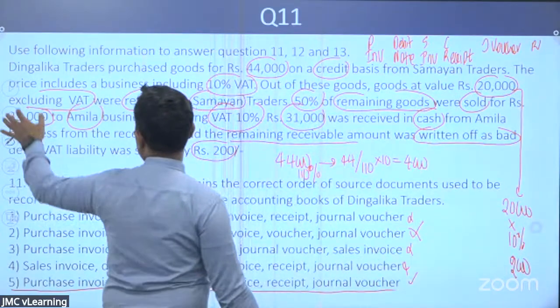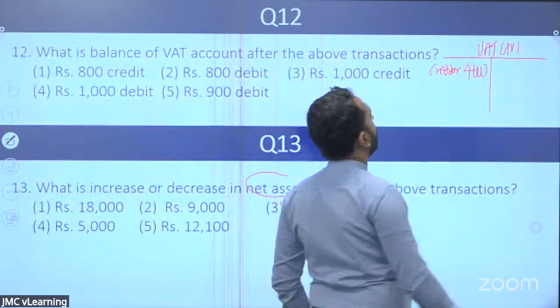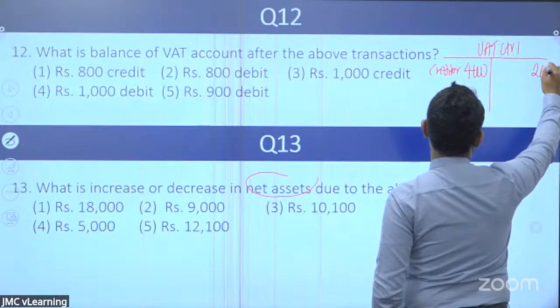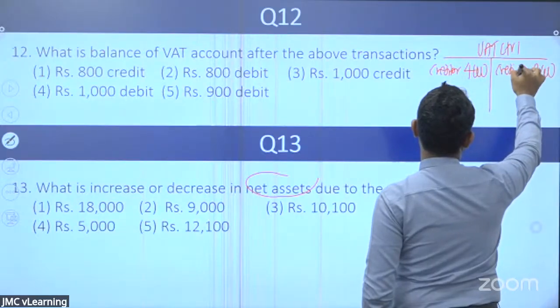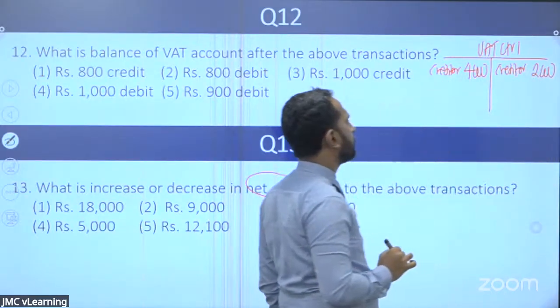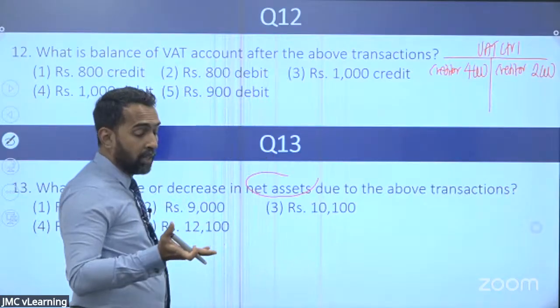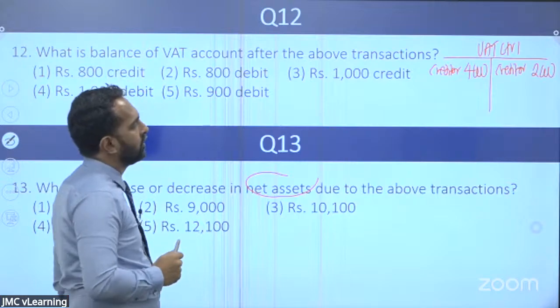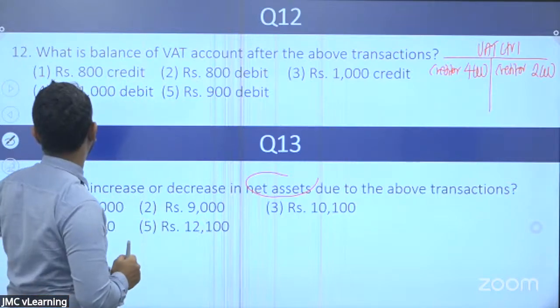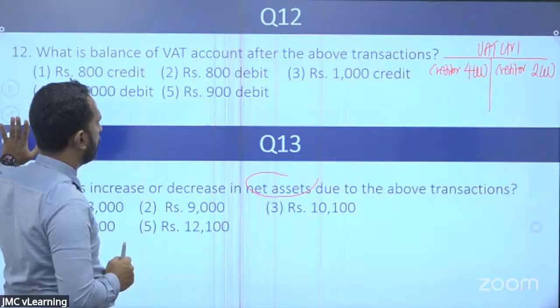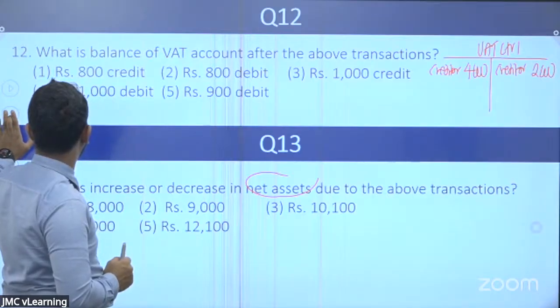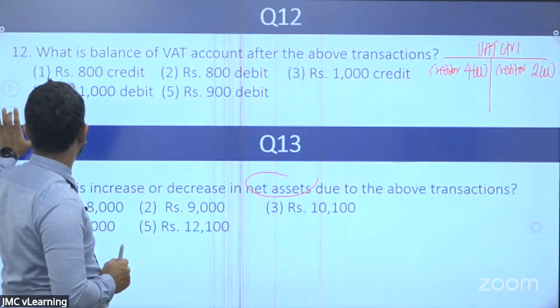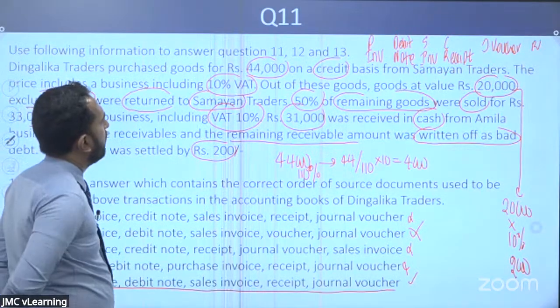So you have to credit that figure, 2,000. When you are purchasing, you can recover the VAT. When it is returning, it will come down. Then what?